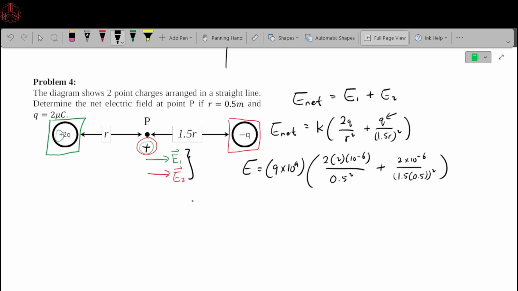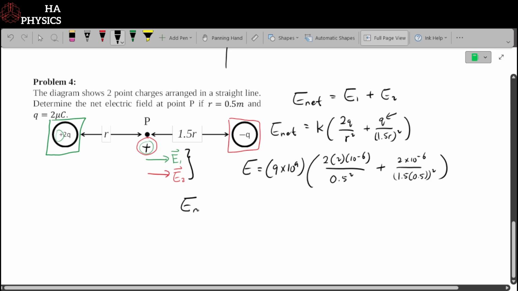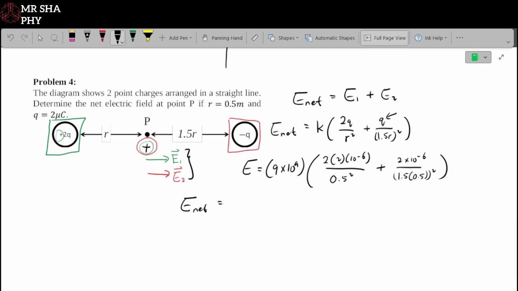If I key that into my calculator, I will find that the net electric field at point P is going to be 176,000 Newton per Coulomb, and that is going to be my final answer.